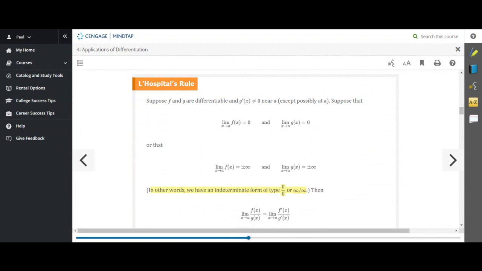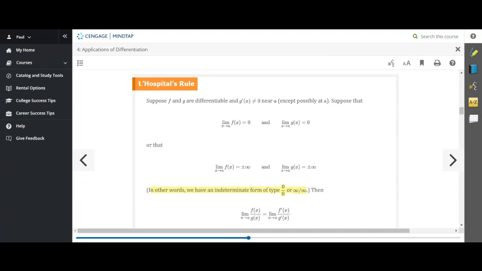And this is really central to L'Hopital's rule. L'Hopital's rule is in section 4.5, and what it says is, let's say that you have two functions that in their limit approach 0, or two functions that in their limit approach plus or minus infinity.